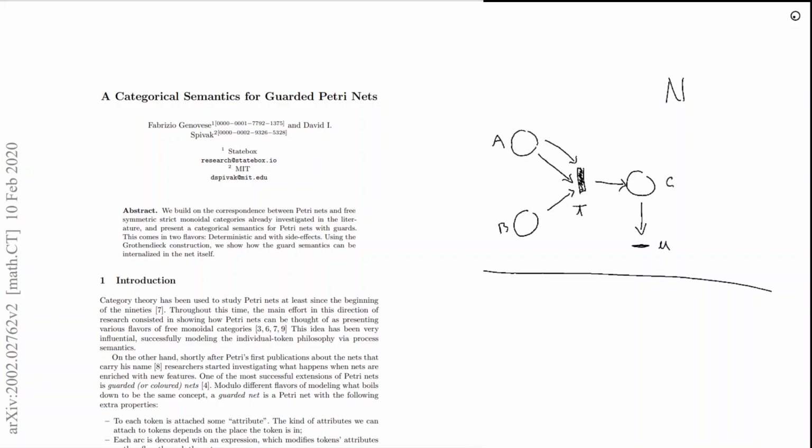And now we say that we create a new category, which is a free symmetric strict monoidal category, call it F of N. And this basically has as generating objects the places of N, and as generating morphisms the transitions of N.